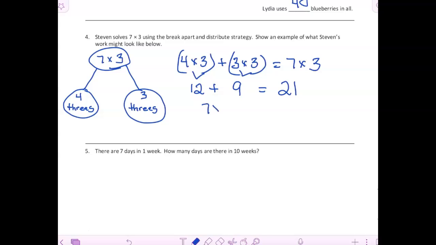So 7 times 3 equals 21. Again, copy your work down and make sure that each line looks exactly like mine.